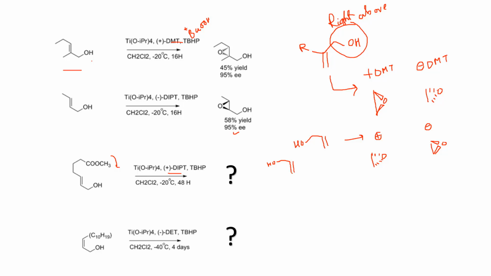then it will be like this. So as it is left hand side, and you are giving a positive, so what will be the product? The product will be below the plane.